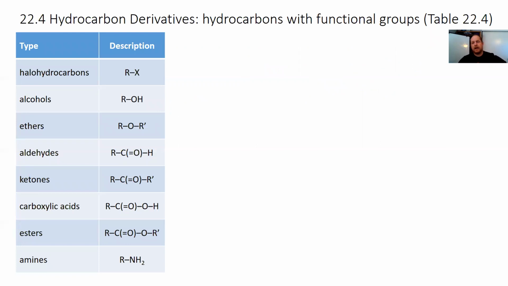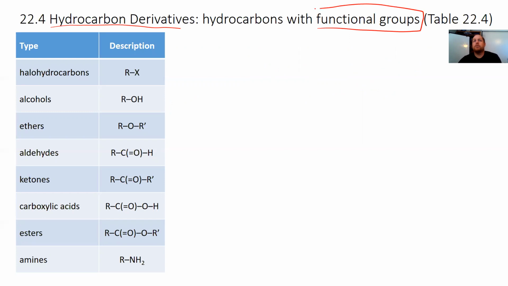The other thing that I want us to look at today, and we'll probably finish with this page, is my guess, and we'll get into more of the nomenclature of these hydrocarbons next time around, is what are called hydrocarbon derivatives. Okay, so hydrocarbon derivatives have a functional group.